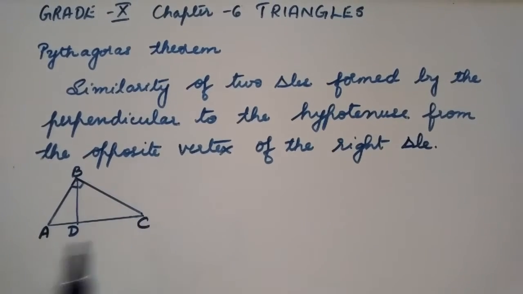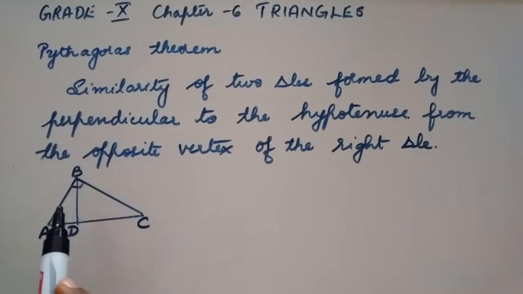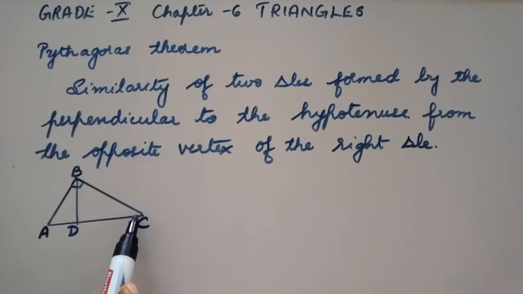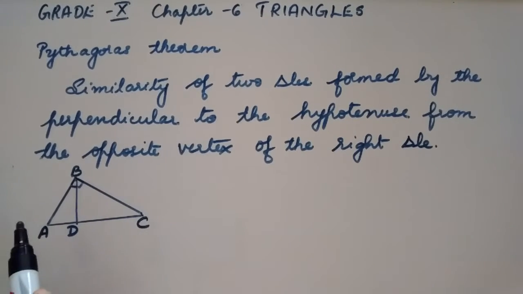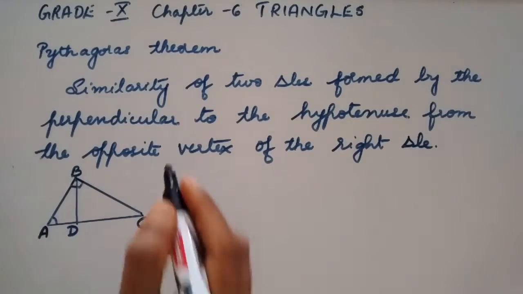Now in triangle ADB and triangle ABC, we find angle A is common for both the triangles.